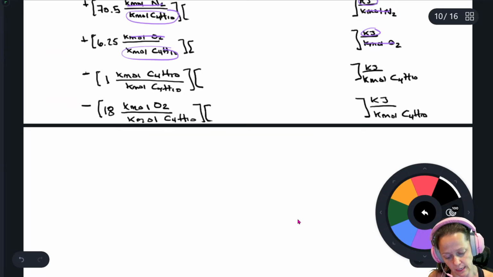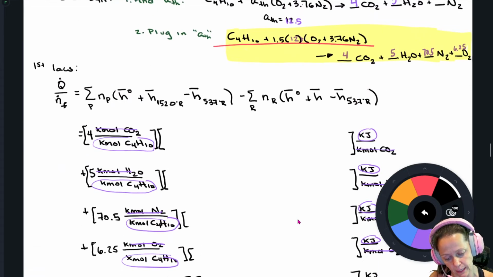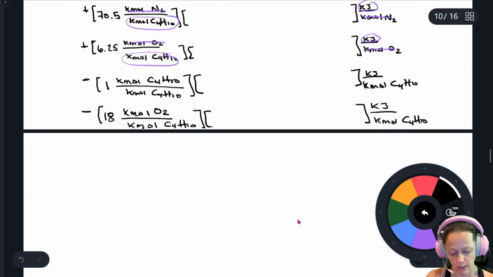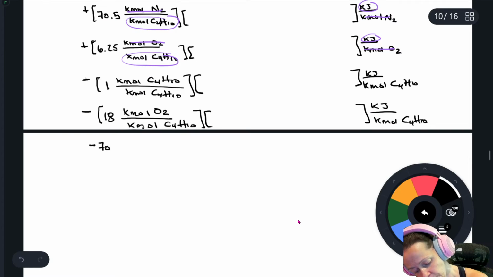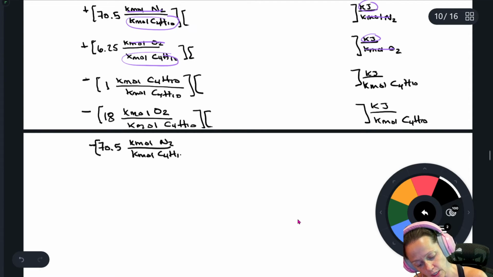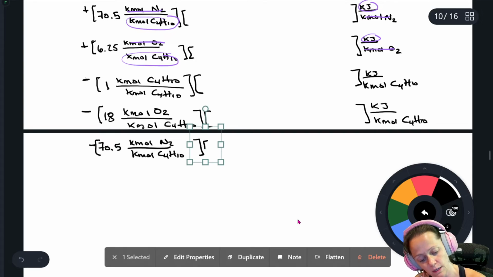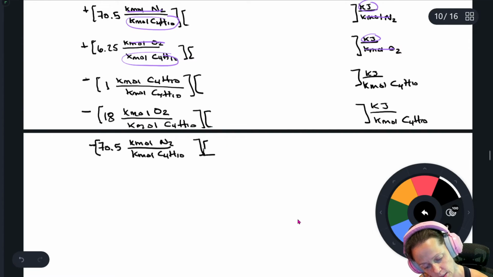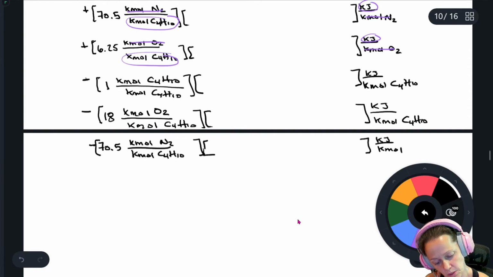And then let's see, I've got one more thing. I've got my nitrogen. So it's going to be 1.5 times 12 times 3.76, which ends up being 70.5. So minus 70.5 kilomoles of nitrogen per kilomole of C4H10. All right. Oh, and I'm sorry, this should not be kilojoules per.